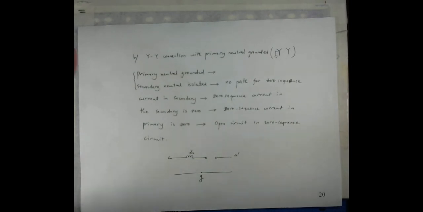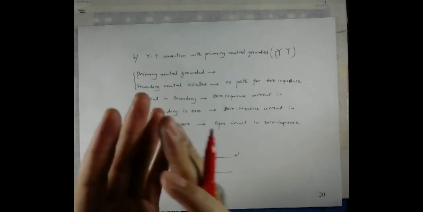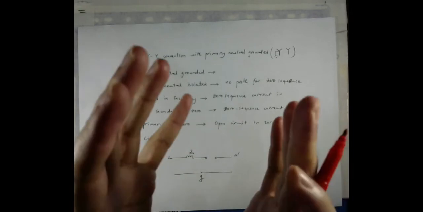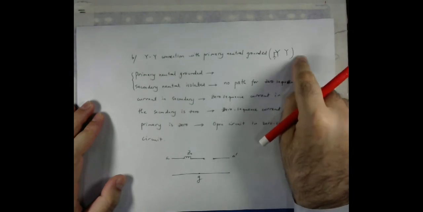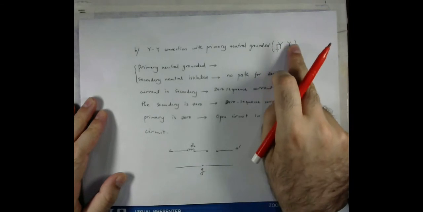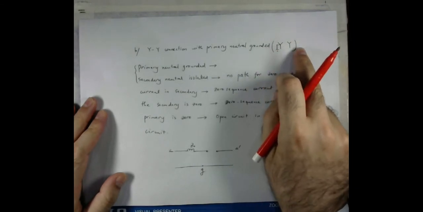If the neutral point is not connected to the ground, then there will be no path for the flow of the zero sequence current through the grounding impedance, meaning the zero sequence current will be zero. Because if there is no path to the ground, the zero sequence current is zero. We discussed that before. So now this is the case where the primary side neutral point is grounded, and the other side is not grounded.